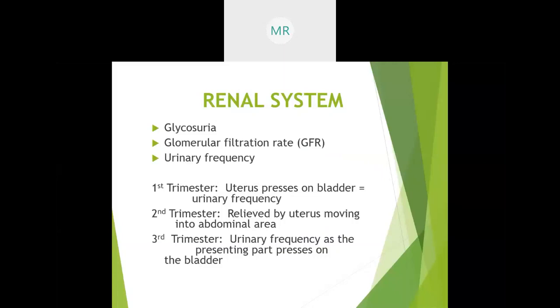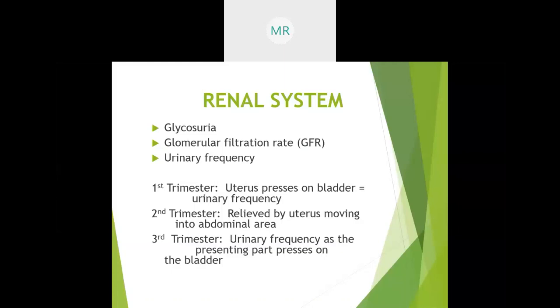There's glycosuria. Okay. Simple as kidneys are not able to reabsorb all of the glucose that's being filtered, so it results in glycosuria. It might be normal, or if there's too much of it, it might indicate gestational diabetes. And we will talk about gestational diabetes.